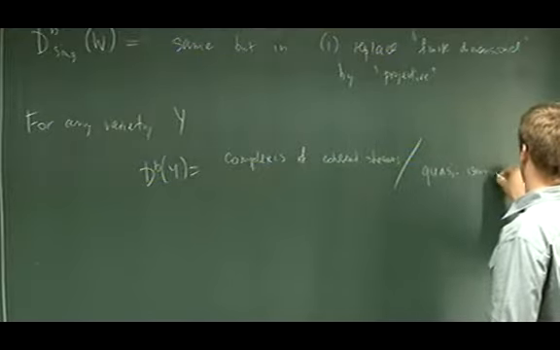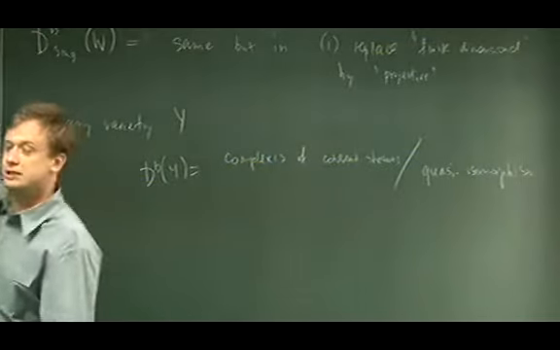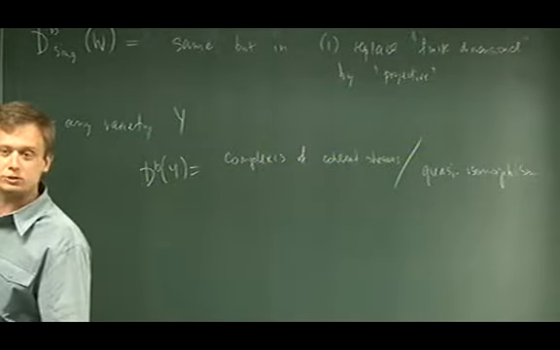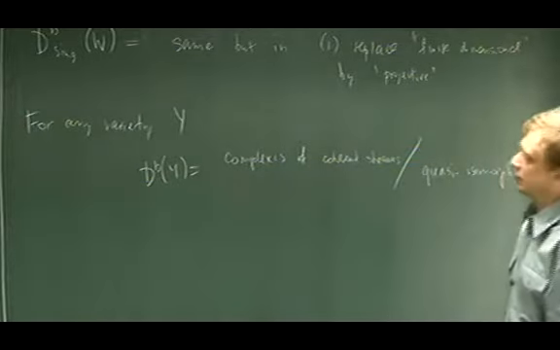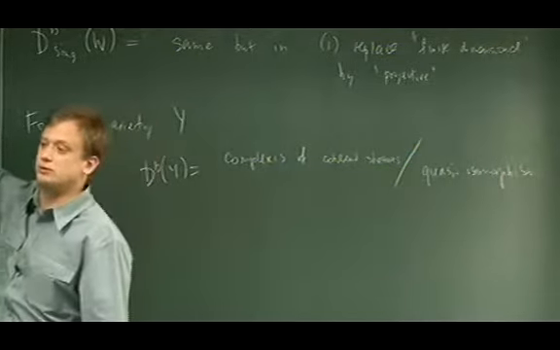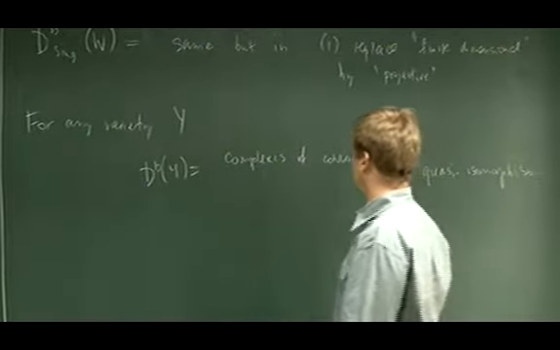And quasi-isomorphism is by definition a map of complexes which induces an isomorphism on cohomology. So we declare such maps as invertible, although on complexes you can't really find an inverse.